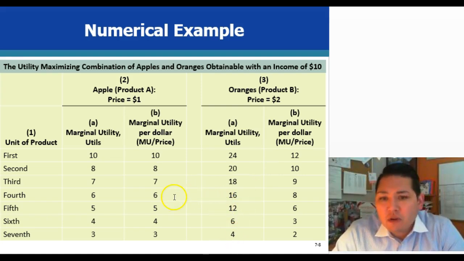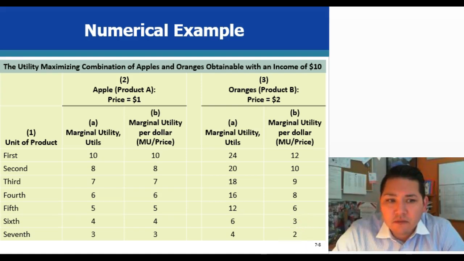And so when we determine whether to buy apples or oranges, we compare the marginal utility per dollar. So this is the marginal utility per each unit of apples, and this is the marginal utility per each unit of oranges. Now we bring in price, we normalize these two between each other. So the marginal utility per dollar for apples and the marginal utility per dollar of oranges.